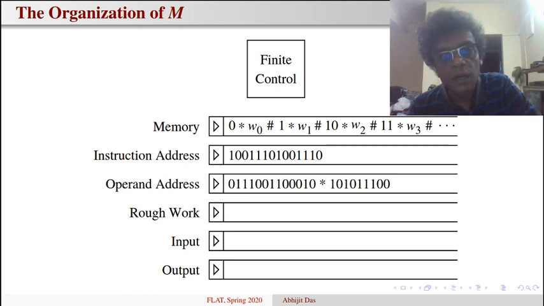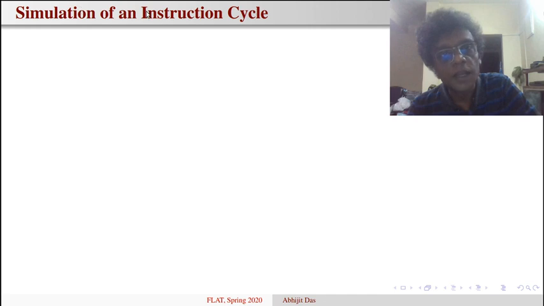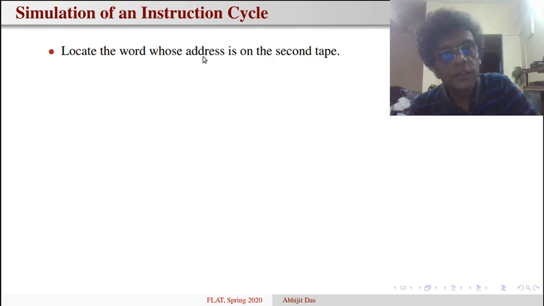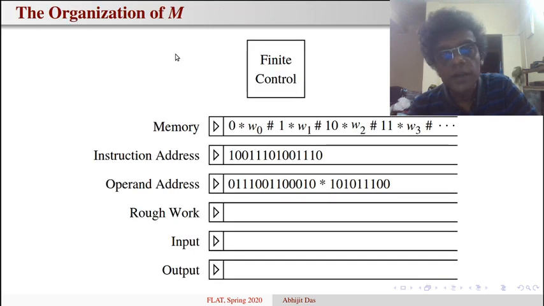So how does it work then? How does it execute or simulate an instruction cycle of a modern computer? From the second step, you have an address. So make a linear scan over the first step to locate the word with that address. For example, if the address is 5, you have to go 0, no, 1, no, 10, 11, and then 100, no, 101.